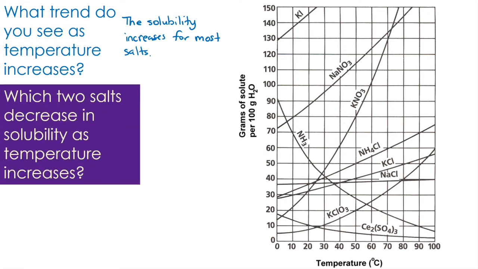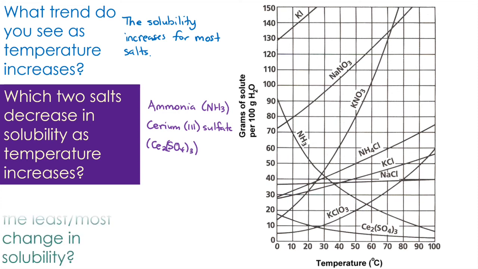Which two salts decrease in solubility as temperature increases? So we're looking for a curve that goes down, and that would be ammonia, NH3, and we have cerium 3 sulfate, Ce2(SO4)3.